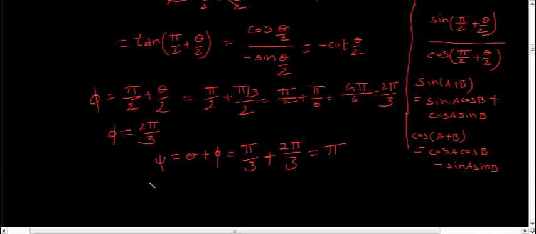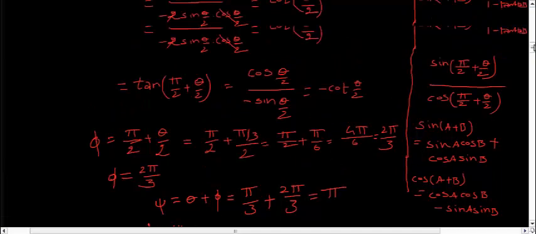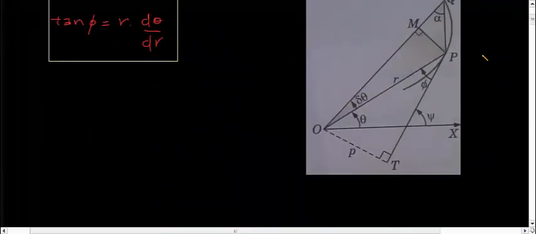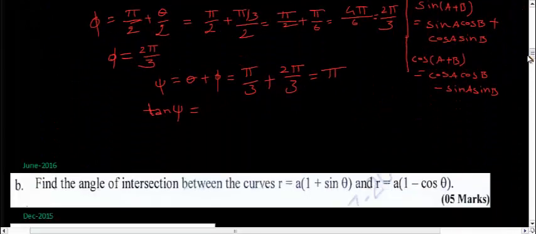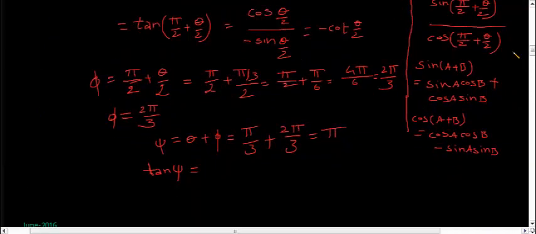Slope of the tangent is tan psi. Let me just go back to that figure. Tan psi. This is tangent PT. Tan psi gives us the slope of this tangent line PT. So tan psi is equal to tan pi.